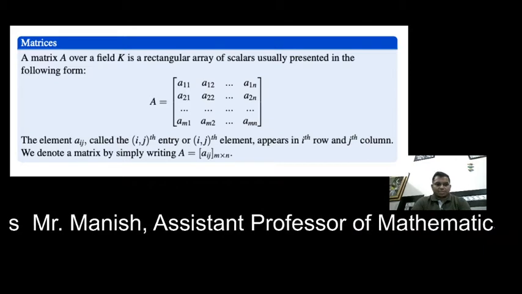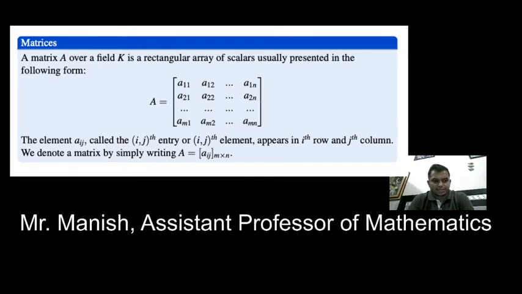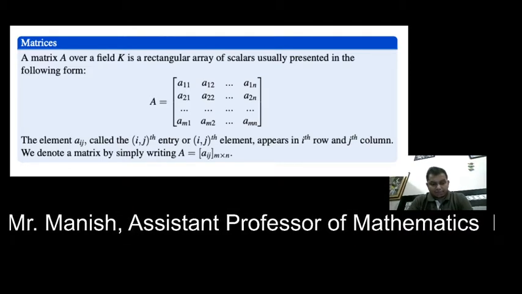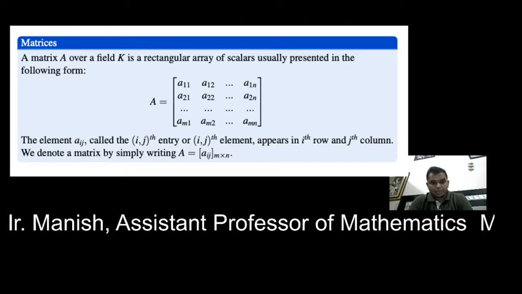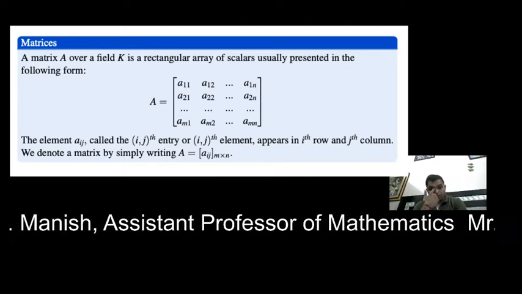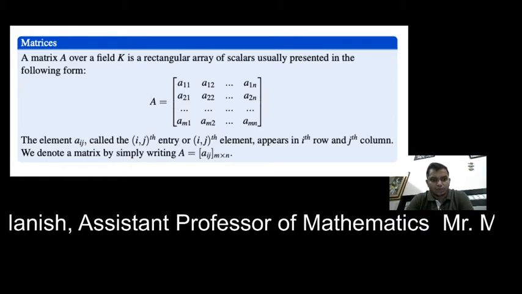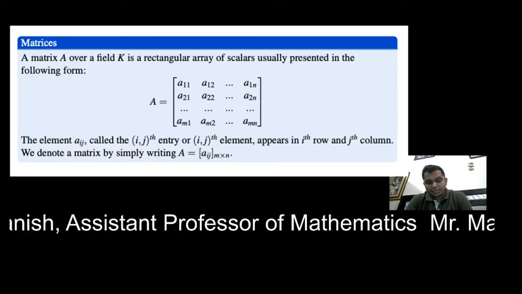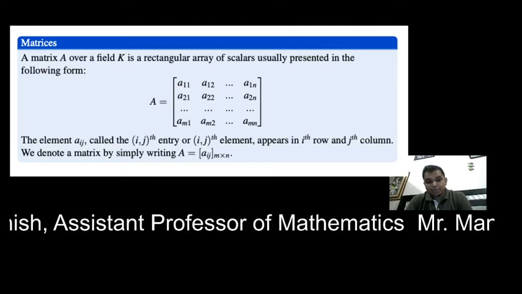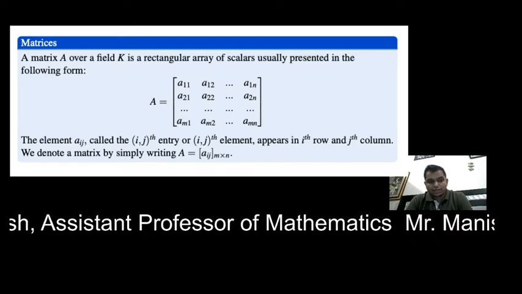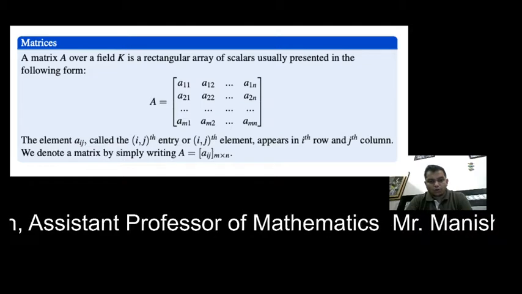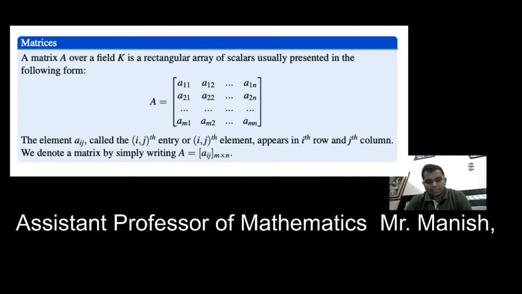What is a matrix? A matrix, denoted by a capital letter A over a field K, is a rectangular array of scalars, usually presented in the following form. You can say that a matrix is the arrangement of elements over the field K in the form of rows and columns.